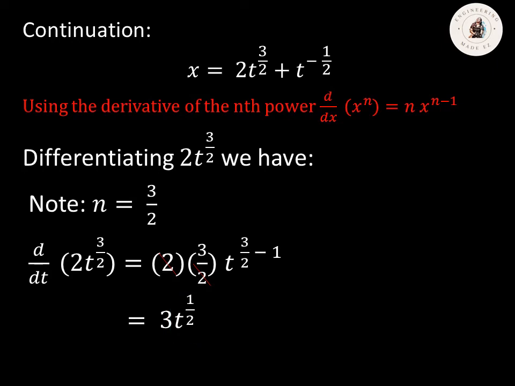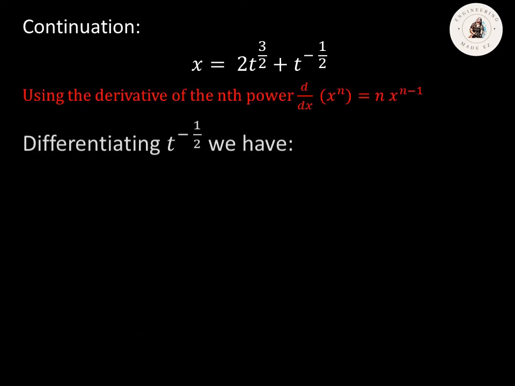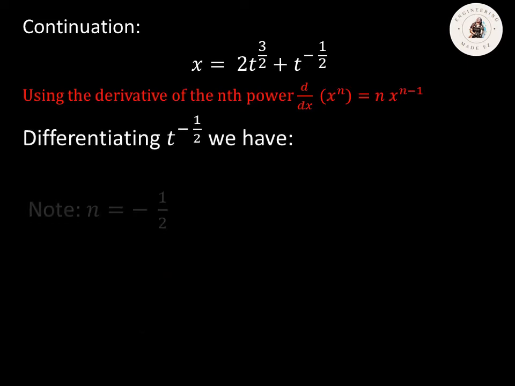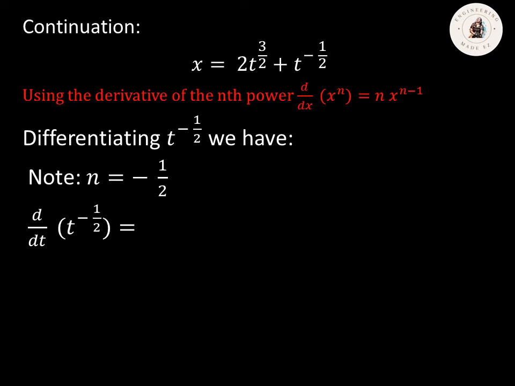So the derivative of 2t raised to the power of 3 over 2 with respect to t is equivalent to 3t raised to 1 half. Next, we're going to differentiate t raised to negative 1 half. Our n here is equivalent to negative 1 half, so the derivative of t raised to negative 1 half with respect to t is equal to n, which is negative 1 half, then copy t, then n minus 1, which is negative 1 half minus 1.